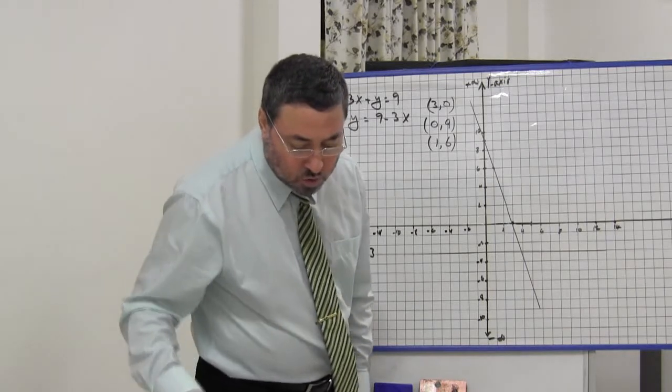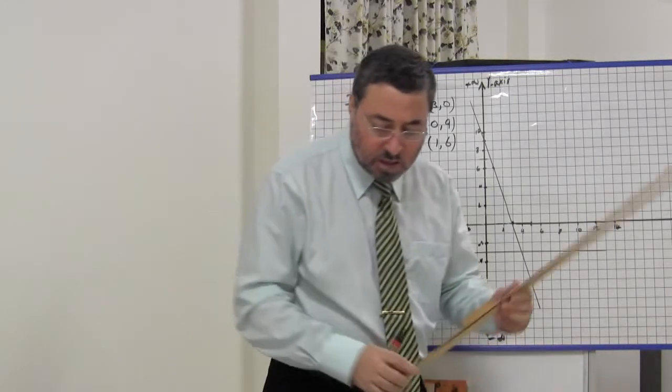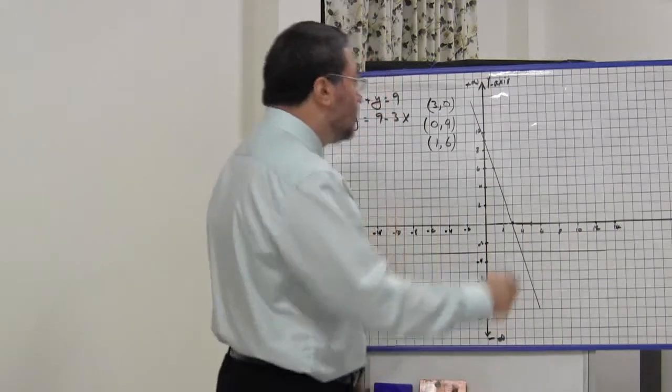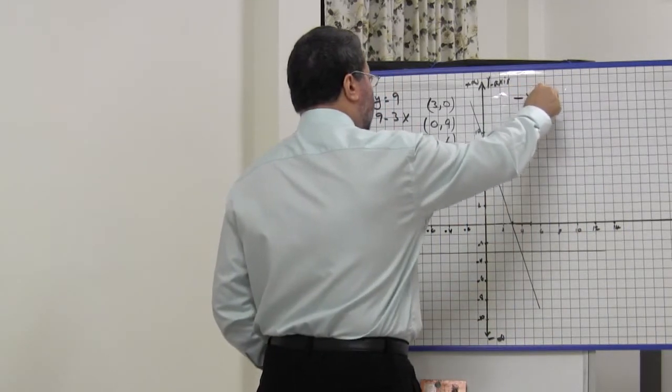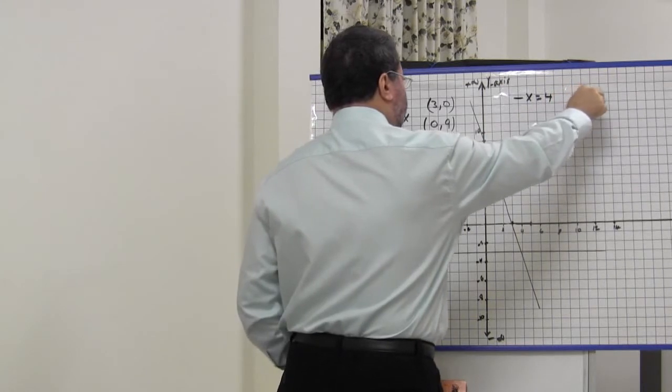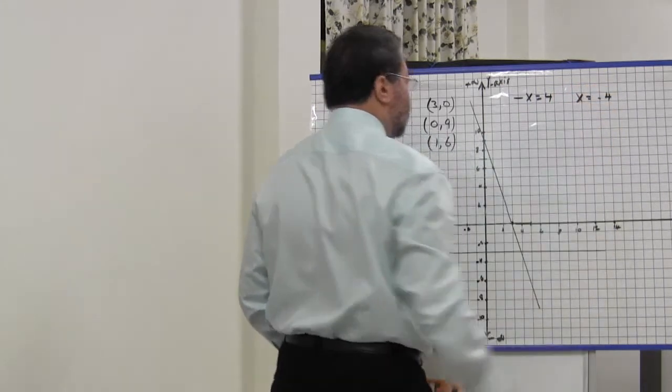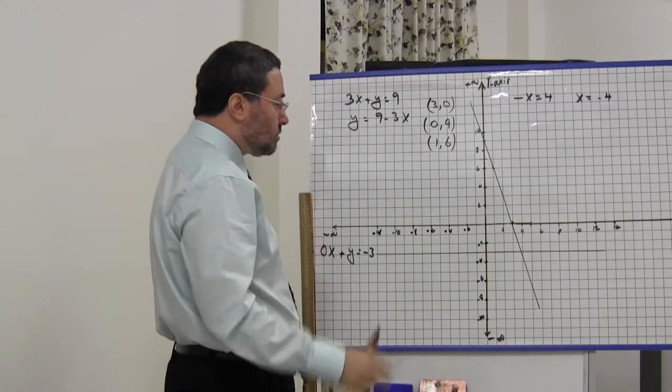Now if we go to number 20, that's minus x equals 4. Then we multiply everything by minus 1, and so x equals minus 4.